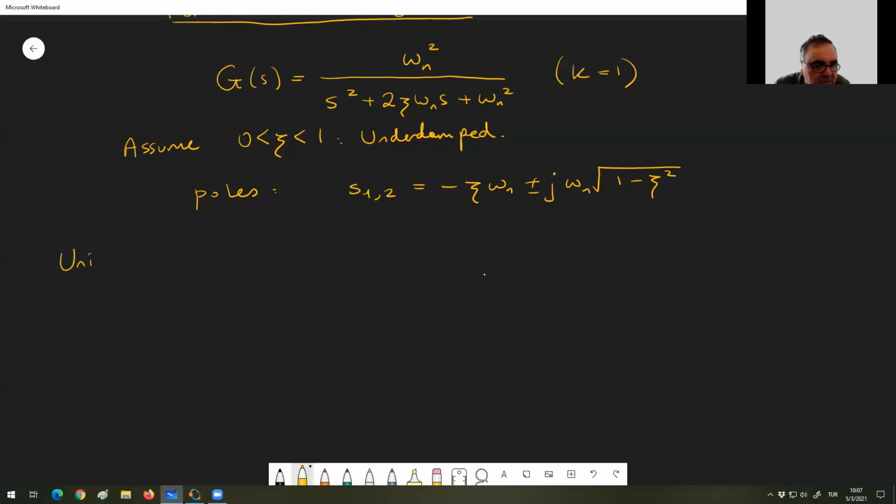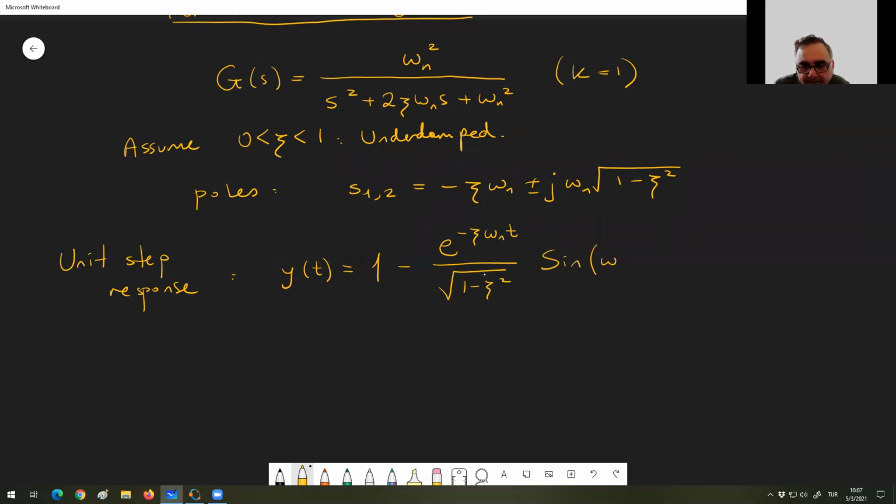So the unit step response of such a system is y of t equals 1 minus, I have written this down, e to the minus zeta omega n t, over root of 1 minus zeta squared, times sine of omega d t plus some phase angle, phi, phi being tangent inverse of root of 1 minus zeta squared over zeta.